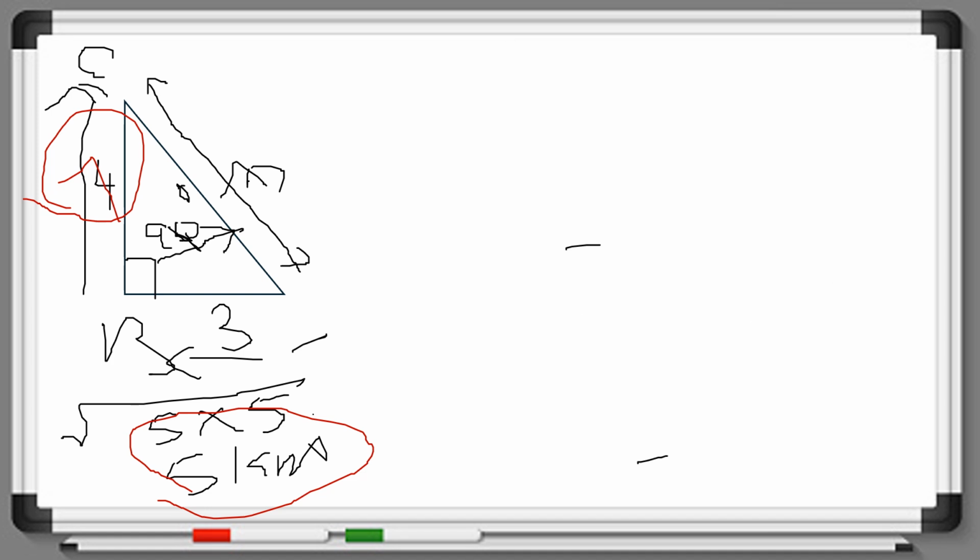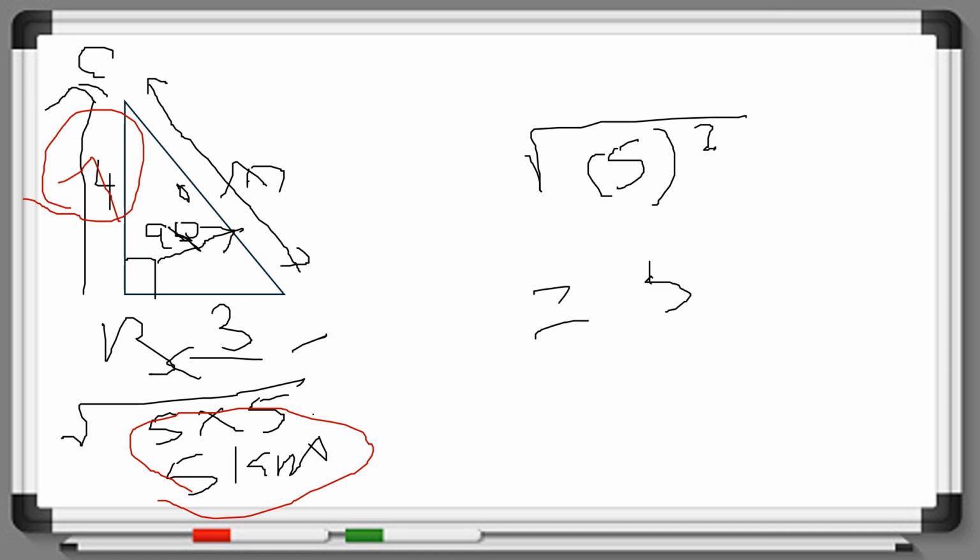They will get confused in this part because they lack the basic information. 5 multiplied with 5 we can write as 5 square. This radical sign, the root, means the power is equal to half.